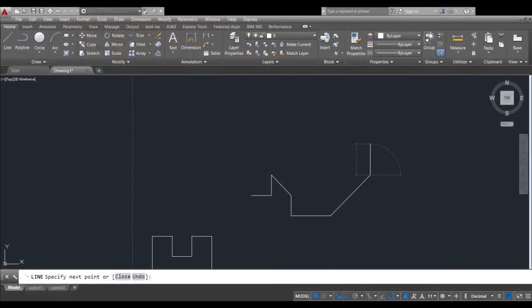So our point H is hashtag 12, 17.5. Okay. Let's undo. Let's try it again. Hashtag 12, 17.5. Okay. I just input the wrong number.